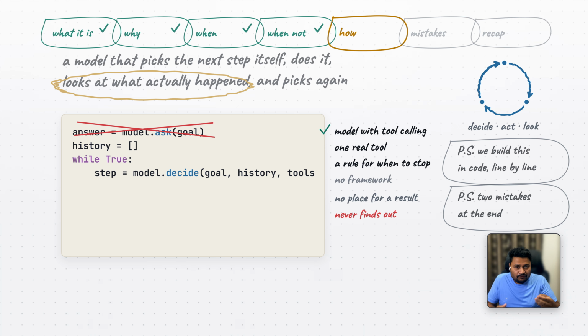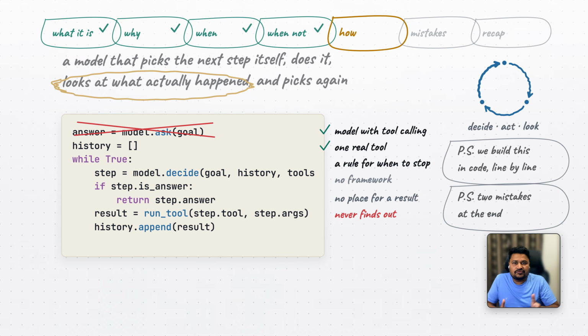Ask the model what to do next, given the goal, the history, and the tools. If it hands back an answer, you are done, and that's your first stopping condition. If it asks for a tool, run it, put the result into history, and go around again.